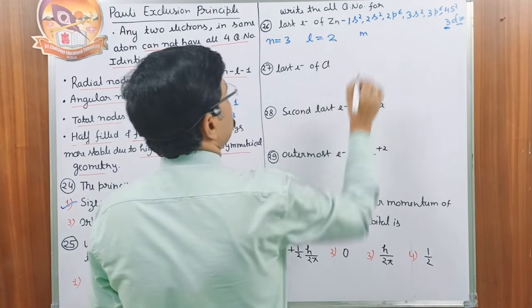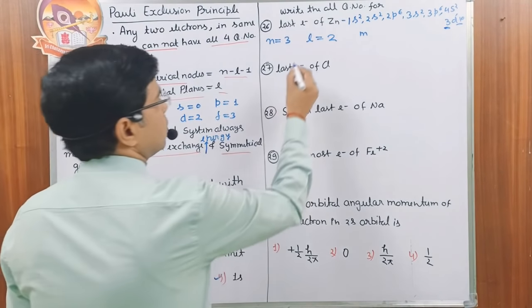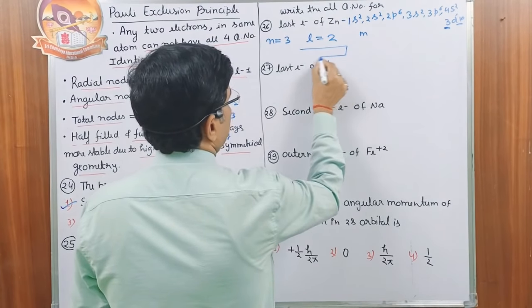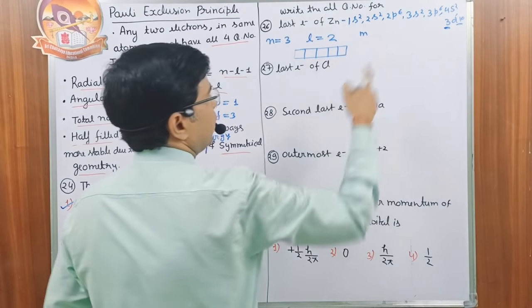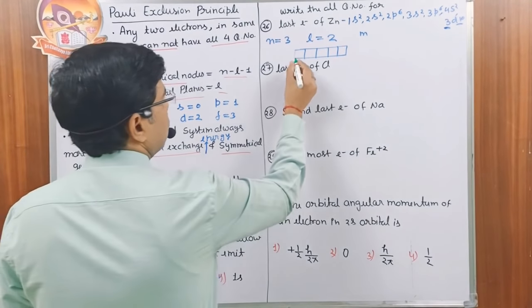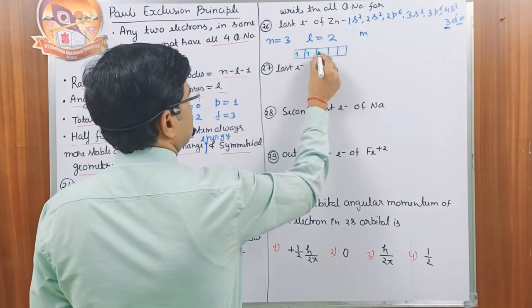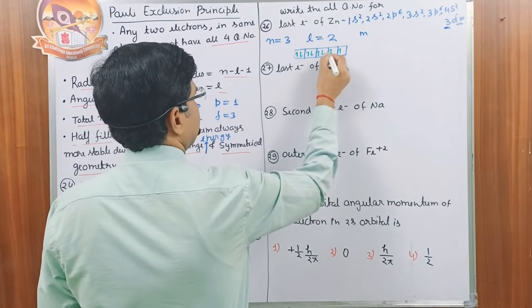Then what is the value of m? The d subshell is made by 5 orbitals, and we have to find the 10th electron: 1, 2, 3, 4, 5, 6, 7, 8, 9, 10.